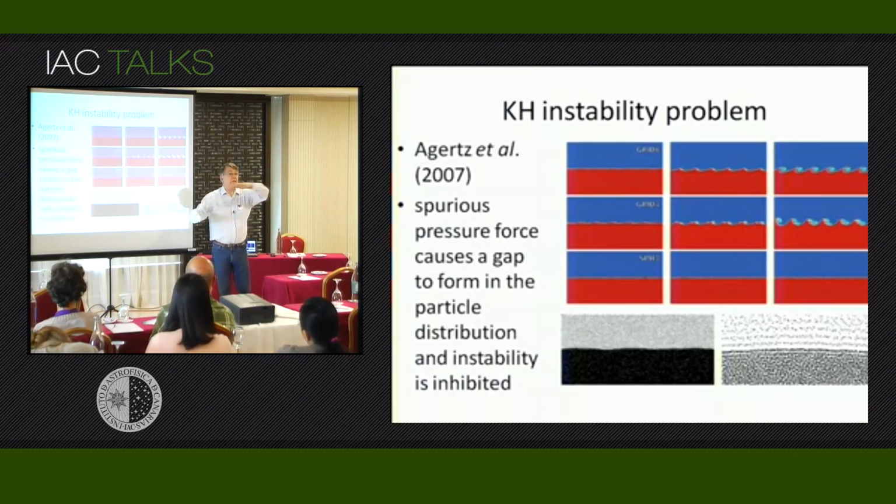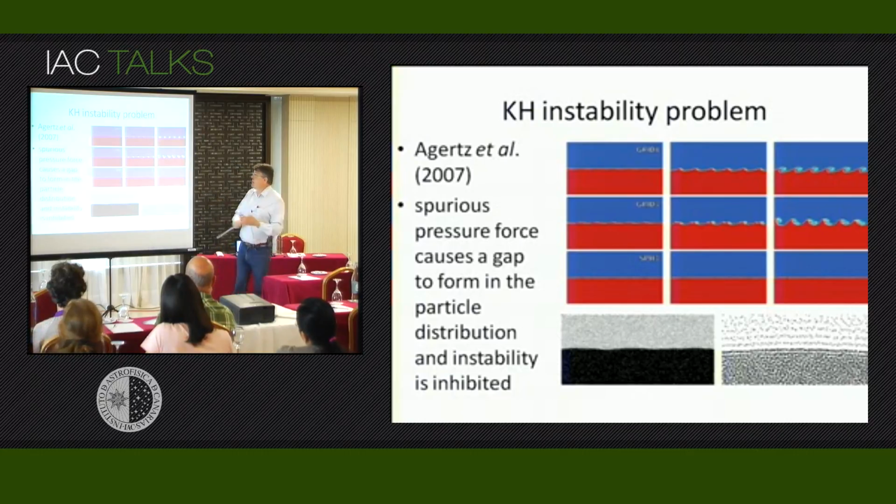The other thing you should worry about is these Kelvin-Helmholtz instabilities. A Kelvin-Helmholtz instability, it reminds you, is you have fluids of two different densities. The wind blowing across the ocean is the typical example. As the wind blows across the ocean, it tends to raise waves on the surface, and that is described by the Kelvin-Helmholtz instability.